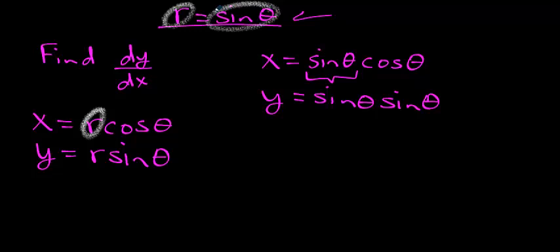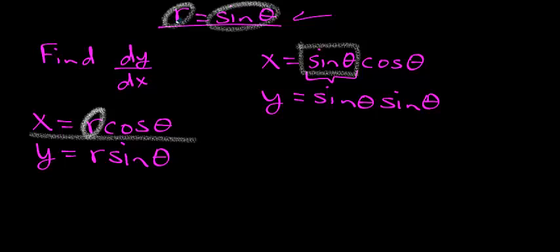So we have this curve, and r is ever changing, right? You give me a theta, I'll give you an r. Well, what is r? r is sine theta. So if I know that x is r cosine theta, I will just replace the r with sine theta, which is what it is. And for y, you'd write that as either sine theta squared or r squared? Yeah, this one right here.